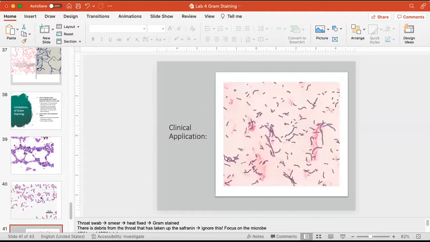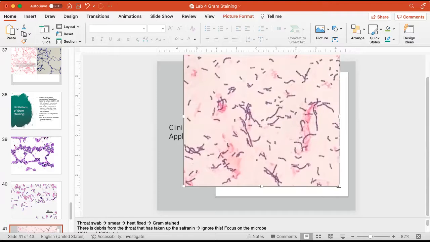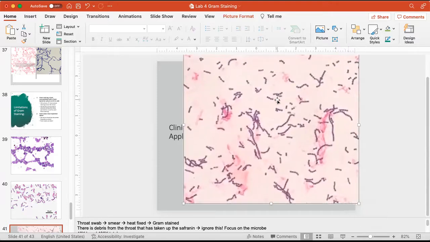All right, let's do some clinical work here. This was a throat swab from a patient that was complaining about a sore throat. Made a smear, heat fixed it, gram stained it. Take a look. What's the gram status of this?